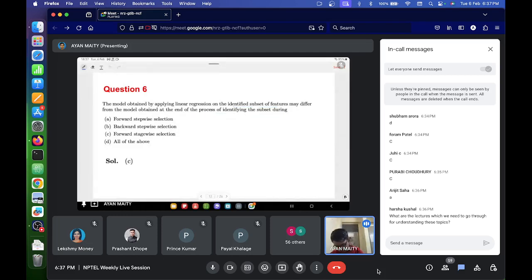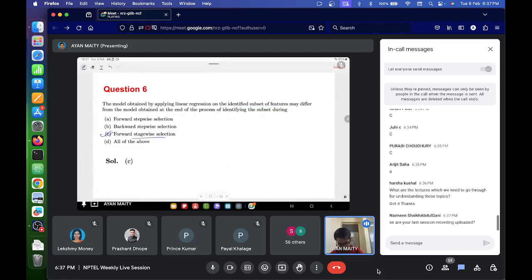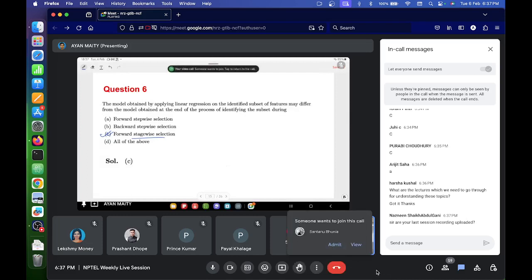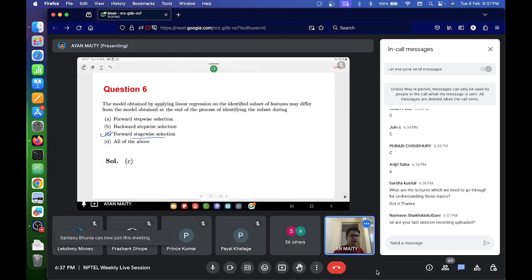So the correct answer is option C, forward stage-wise selection. In forward stage-wise selection, for every iteration, or every stage, we try to find the feature from the remaining set of features that has the highest correlation with the output.